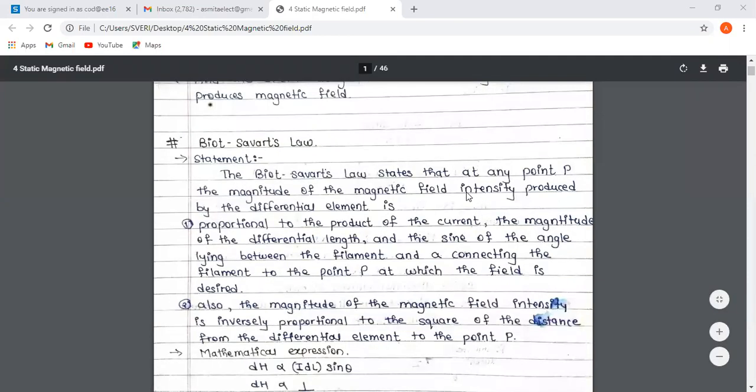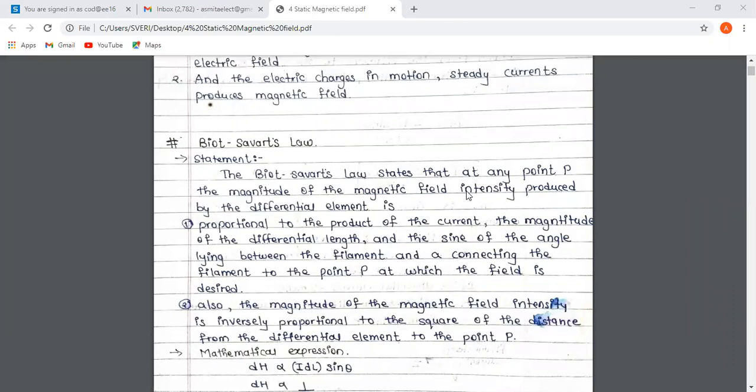Now the first important point in this chapter is Biot-Savart's law. What does this law state? Biot-Savart's law states that at any point P, we consider one filament. One filament means a conducting wire. Near that filament, at point P, we are finding the magnetic field intensity due to that filament.